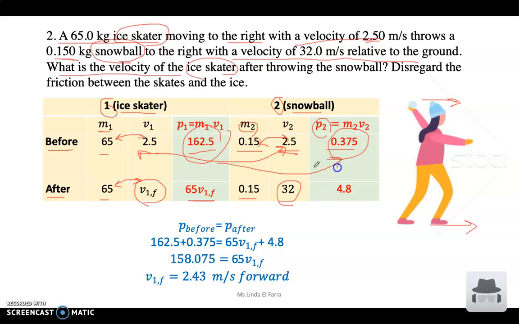So what do I have? 162.5 plus 0.375 equals the momentum after, only looking at the green column, the numbers in red. So this is the momentum, 65 times V1 final plus 4.8.